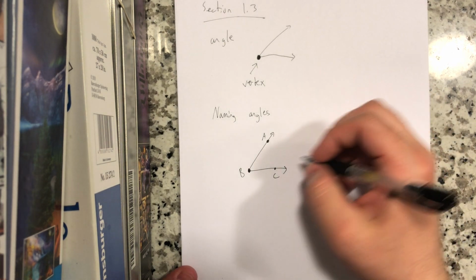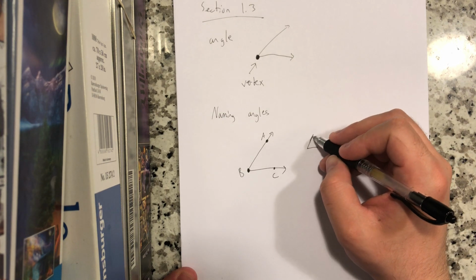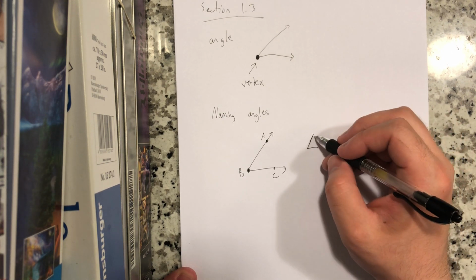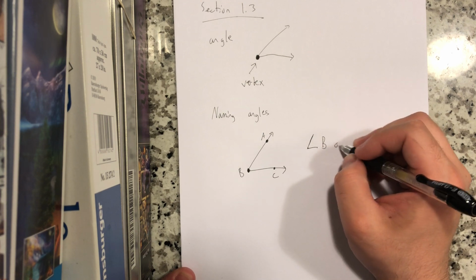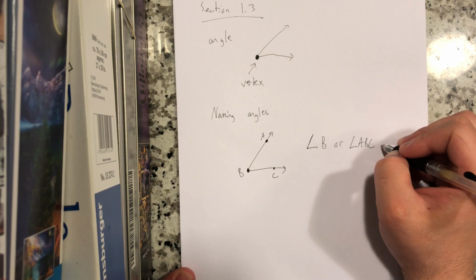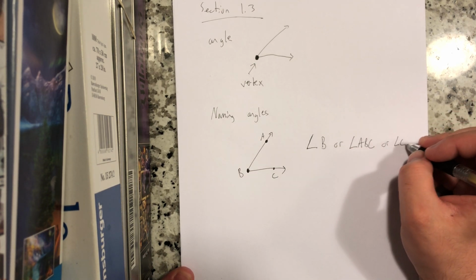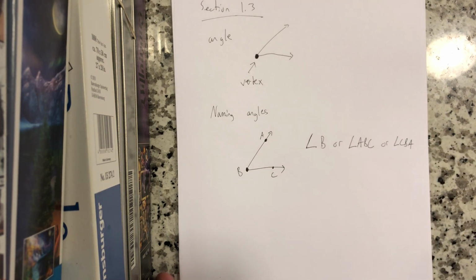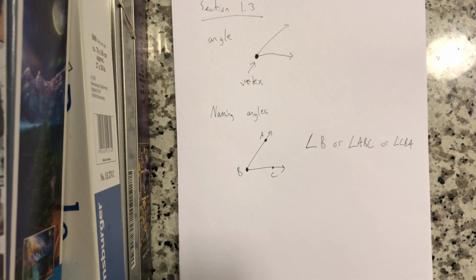We can name this as angle, and the angle symbol looks like a crooked L: angle B, or angle ABC, or angle CBA. The ordering does matter in geometry, so we can't just flip these around anywhere. You'll see in either of these, B has to be in the middle. Okay?